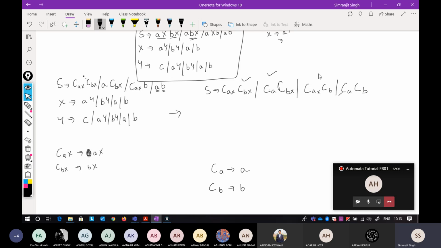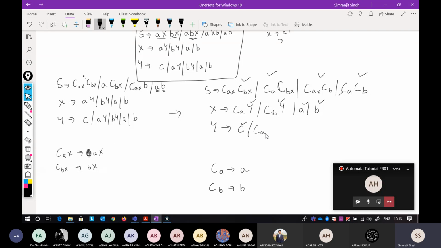Okay, so now this is done, this is done, this is done, and this is also done. In a similar way, X tends to A tends to Y. This A is already a CA and Y is already a capital symbol, so that also fits. Now for CB, then Y, this also fits. Now A and B is already fine. So this is done. Now in this one, for Y, C is already fine. There is no problem about it.